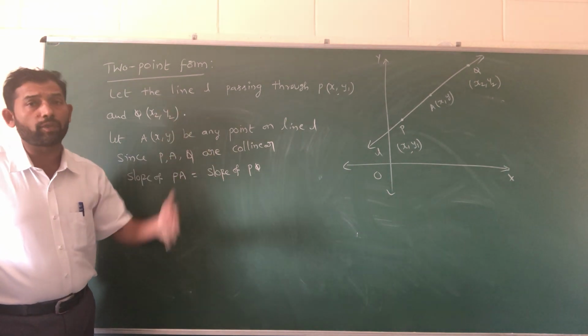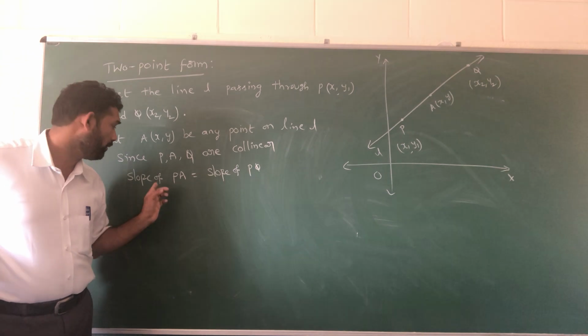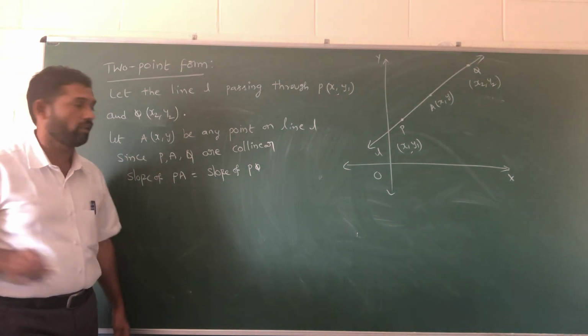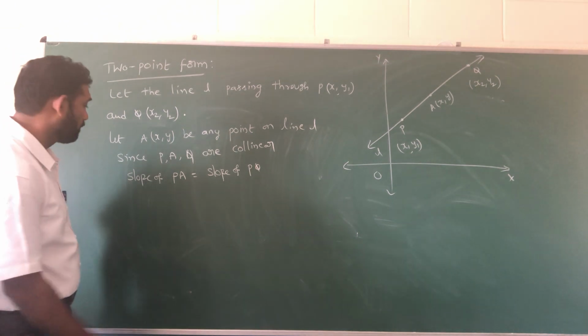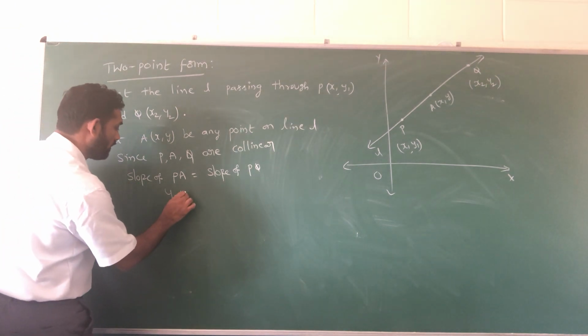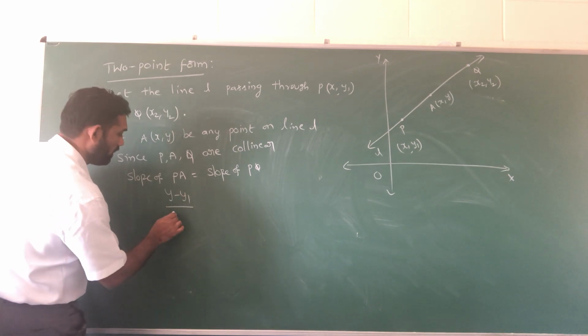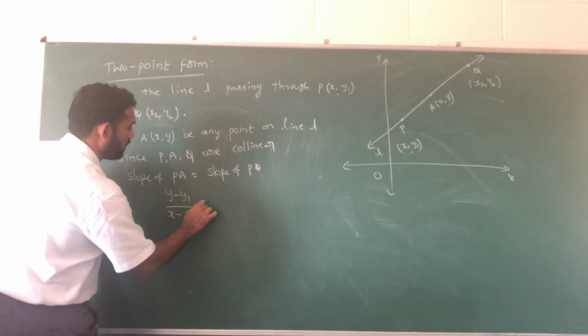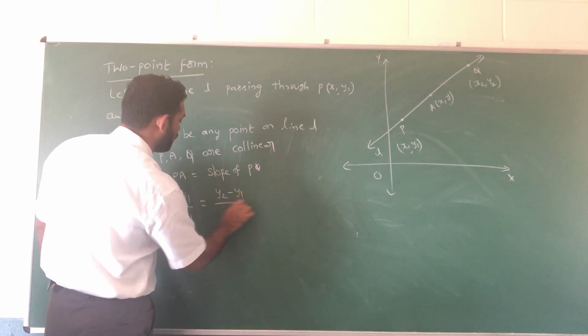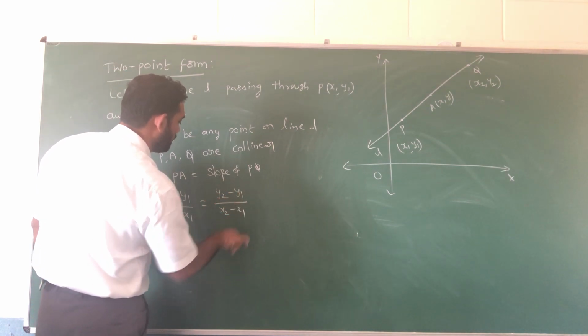You can follow this, or you can also take AQ. I took slope of PA equal to slope of PQ. Now you apply the formula. Slope of PA becomes (y minus y1) by (x minus x1), equal to PQ slope, (y2 minus y1) by (x2 minus x1).